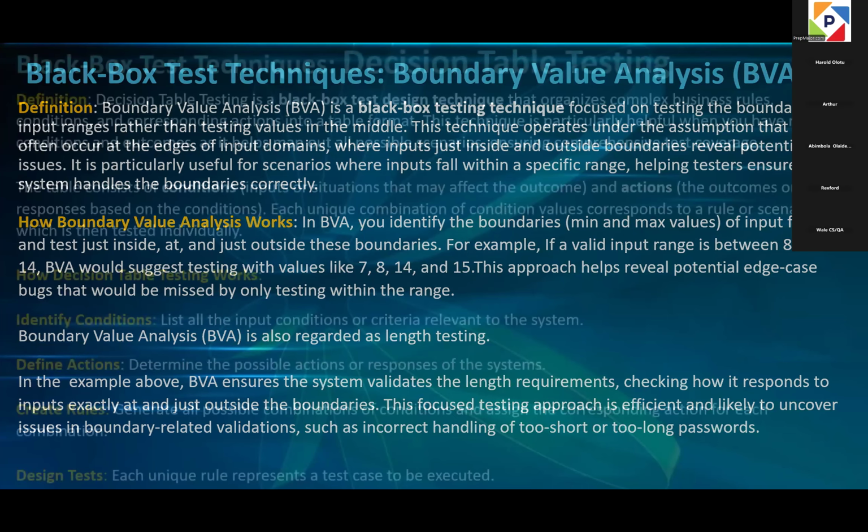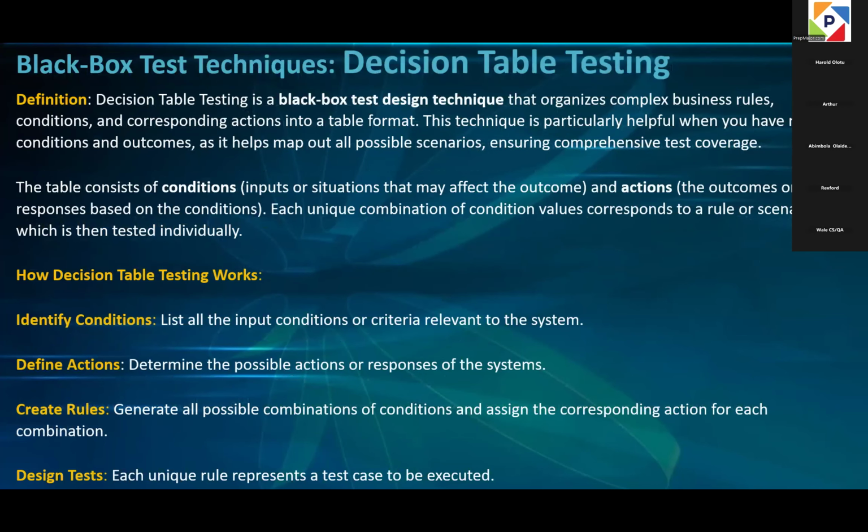So we have decision table testing. The third testing technique within the black box testing techniques is decision table testing. It is a black box test design technique that organizes complex business rules, conditions, and corresponding actions into table format.